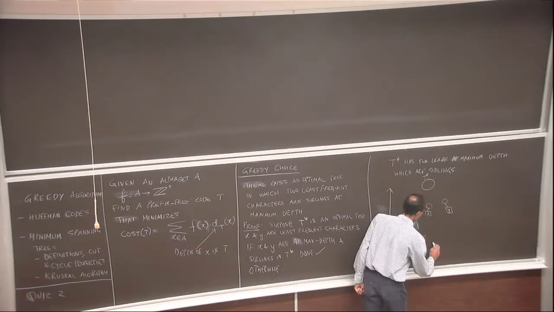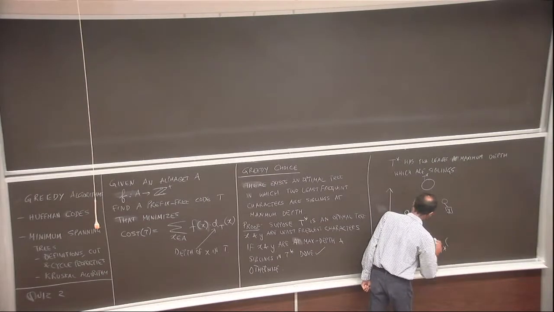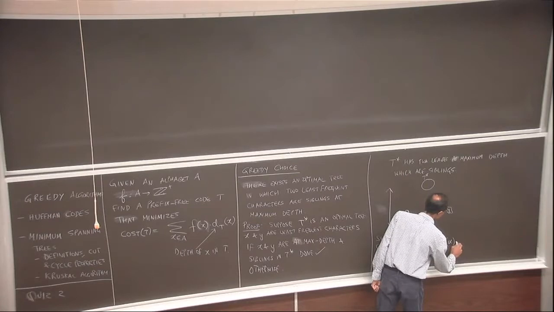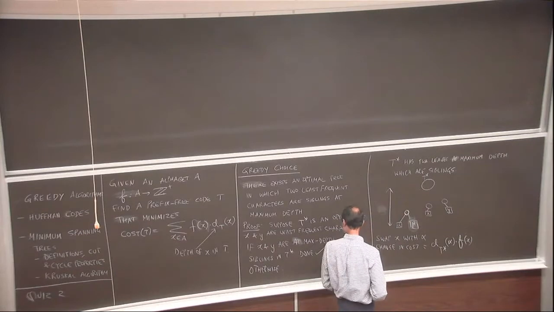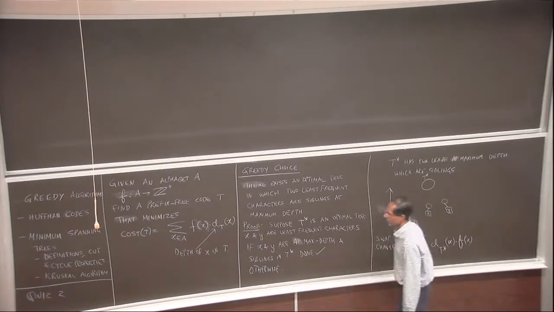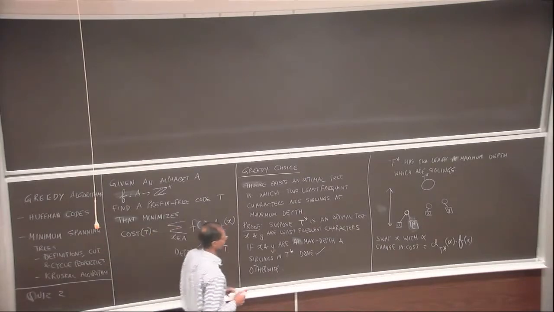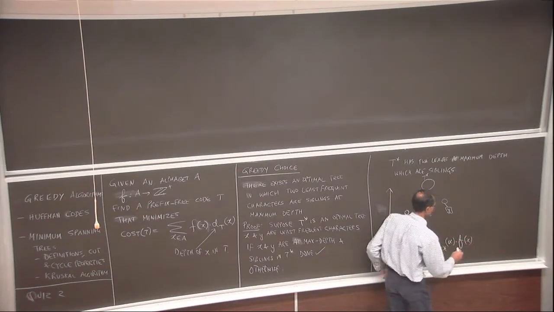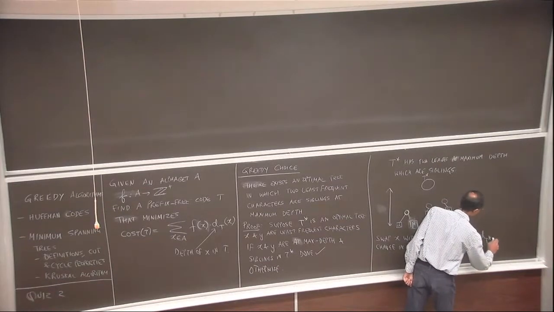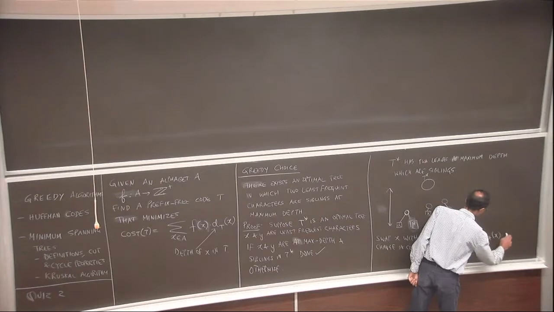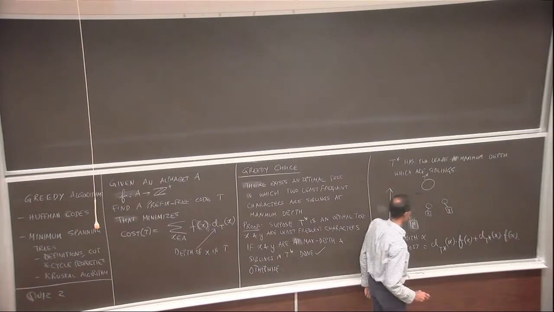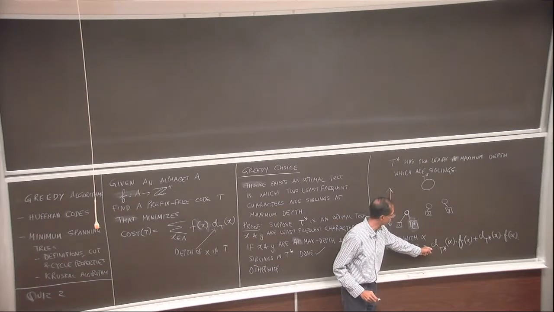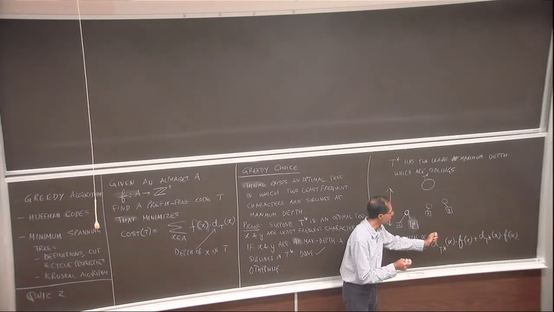The new cost for X is, what was the depth of alpha in T star. Now X has the depth of alpha, and alpha has the depth of X. So that's the new cost of X and the new cost of alpha.